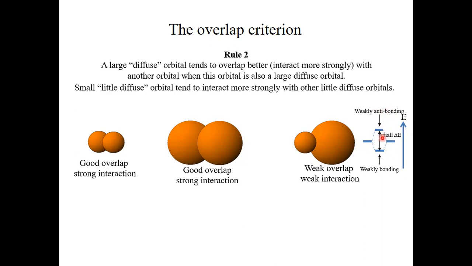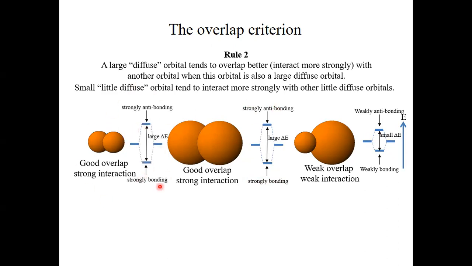The energy difference between the bonding and the antibonding molecular orbital tends to be small, whereas in the other two cases, we have strongly bonding and strongly antibonding molecular orbitals. The energy tends to be large. The same also for this case here. We have strongly antibonding molecular orbitals, and the energy distance between the bonding and the antibonding molecular orbital tends to be large.